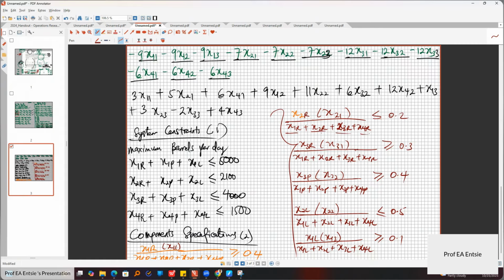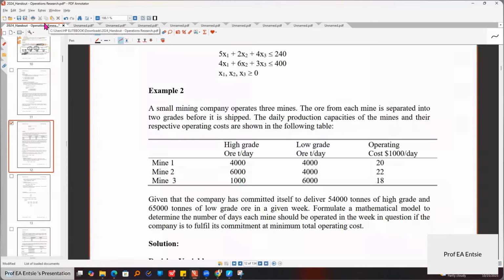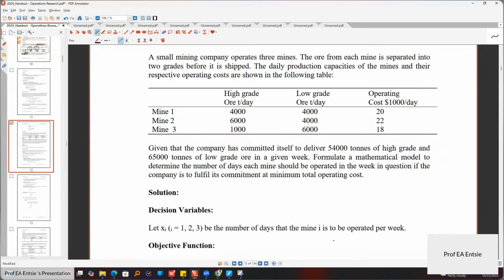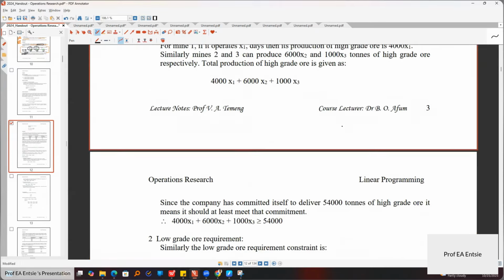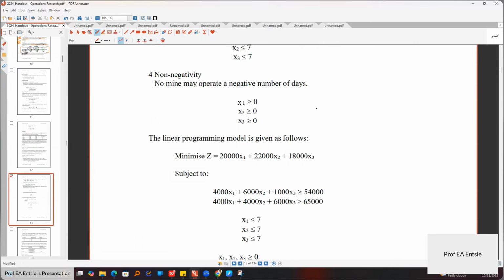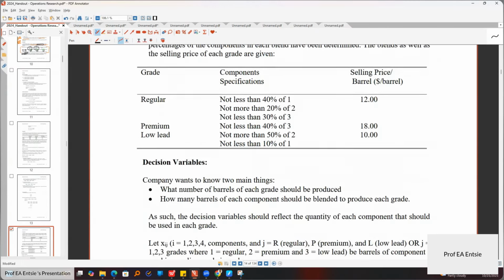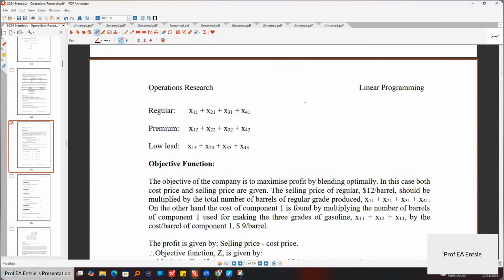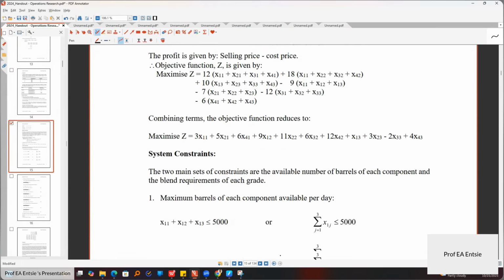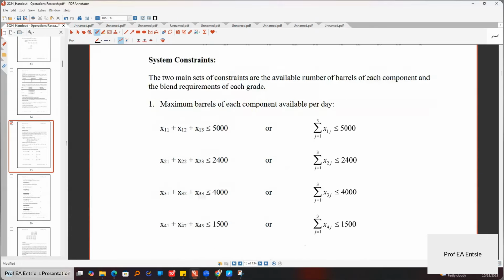So I'll quickly share. Let me see whether I can get the handout. So this is the handout, and we now know this one's ready. I want you to understand that this is my work.